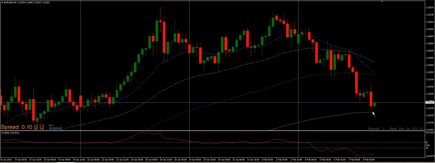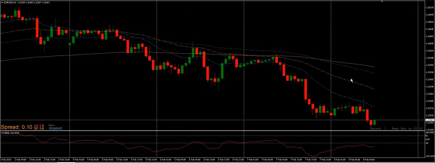But we are still overall in a bigger picture in an uptrend. Switching down to 1 hour, we can see that we are quite actively in a downtrend. So those two are actually conflicting. And if those two are conflicting, telling you two different things, you should not take a trade. You should take a trade when they're telling you the same thing.